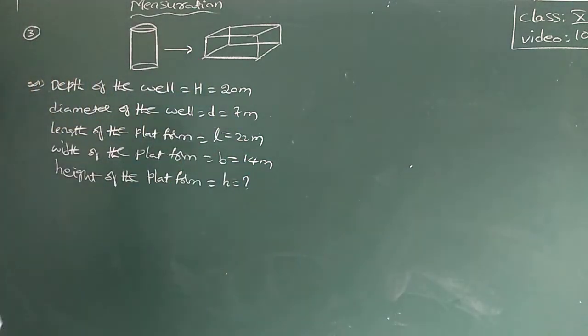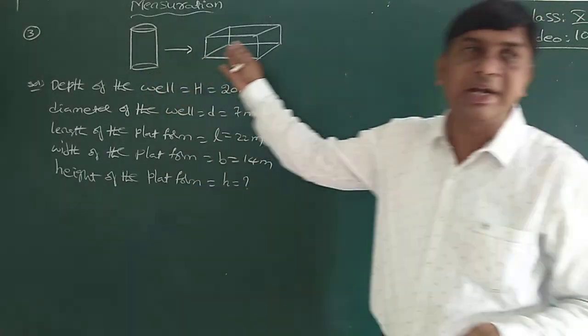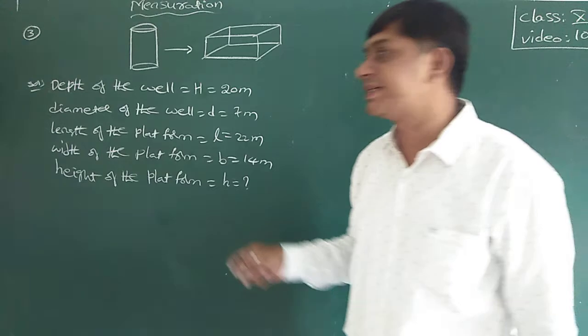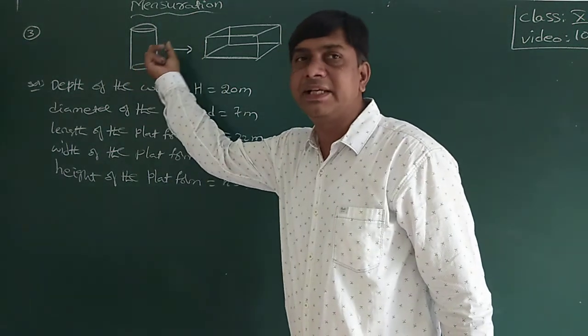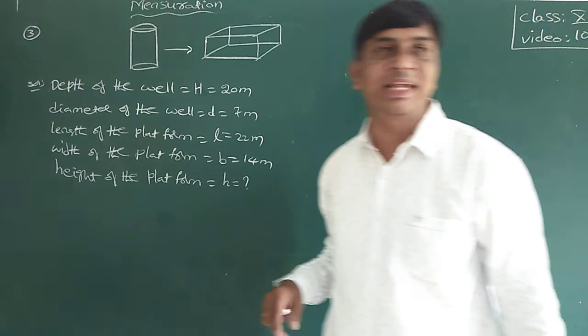Means the earth taken out from the well is completely used to make a cuboid. Means volume of the earth taken out from the well is equal to volume of the platform.